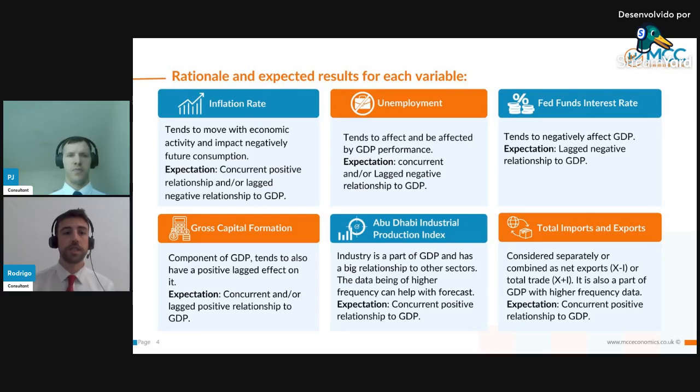Even though these expectations didn't define how we use those variables, they were a guide for us to see: if this variable is performing as expected, it seems we're in the right direction. Let's just make sure this is the right direction.